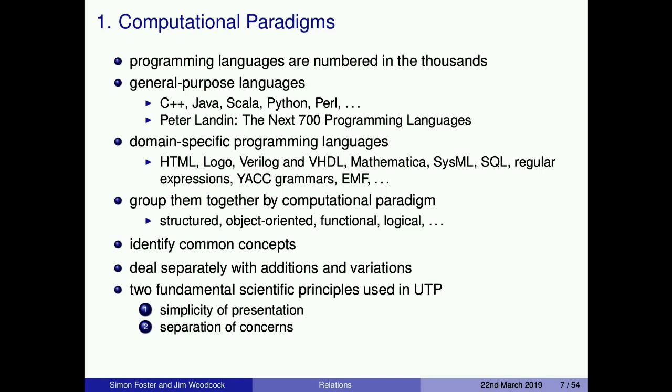So rather than looking at a big language like Scala in one go, try and think about the different paradigms that actually make that up. And Scala's an interesting language, right? If you've ever used it, it has functional programming. Of course, it has object-oriented programming. It has concurrency. It's a language that invokes lots of different kinds of paradigms, and UTP proposes that we should be able to separate these and consider them in isolation.